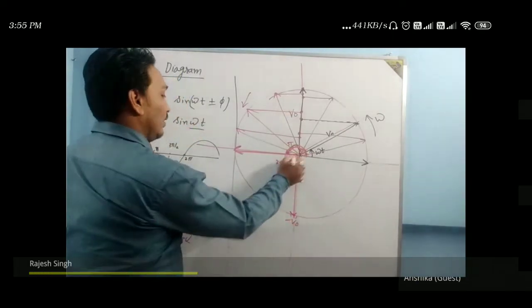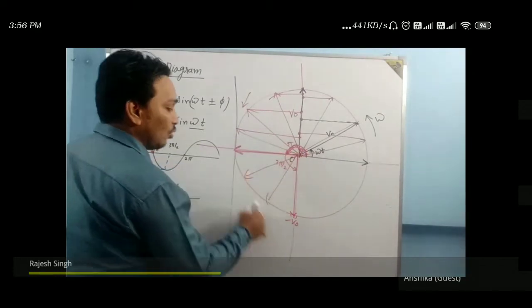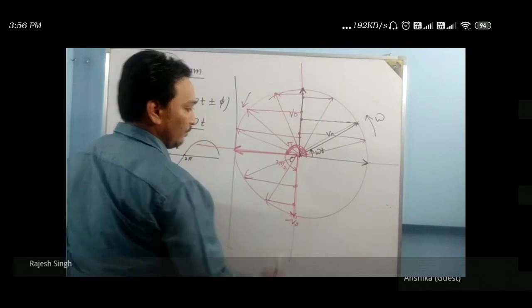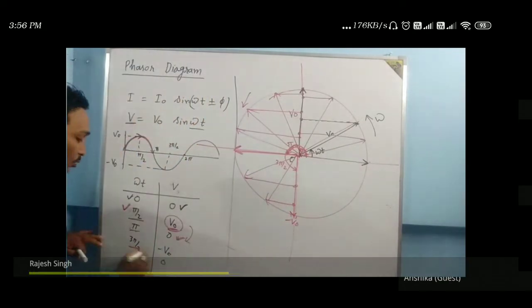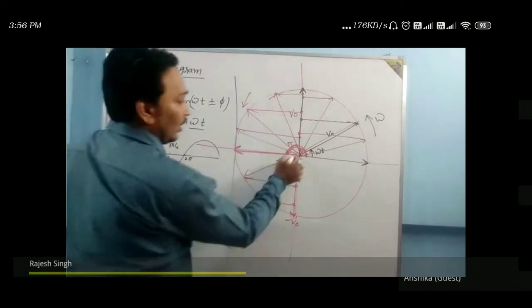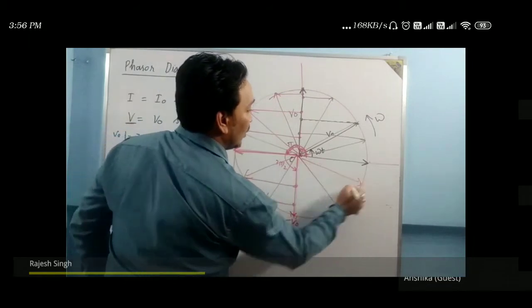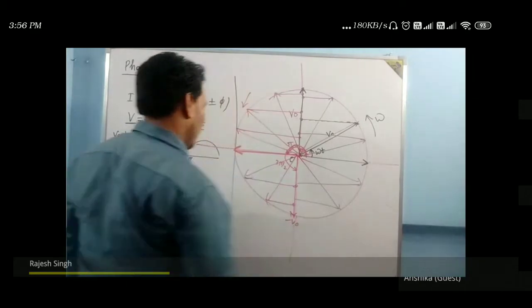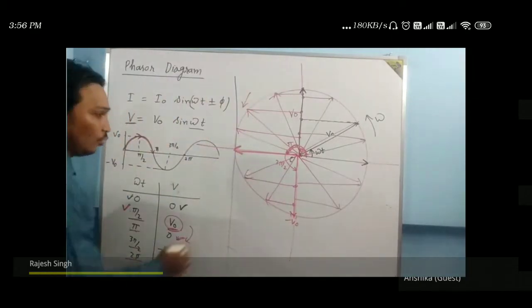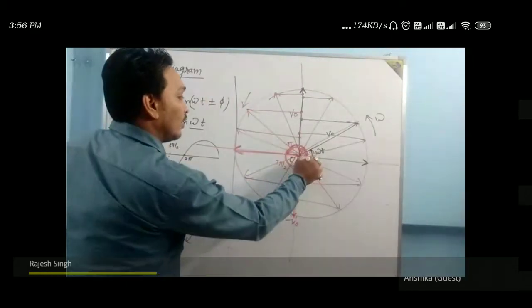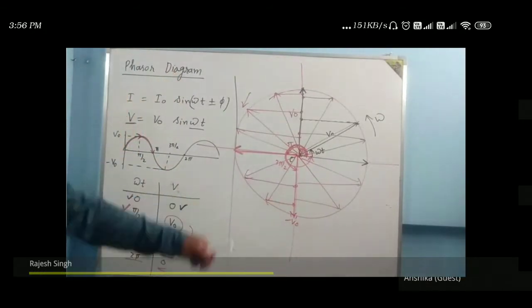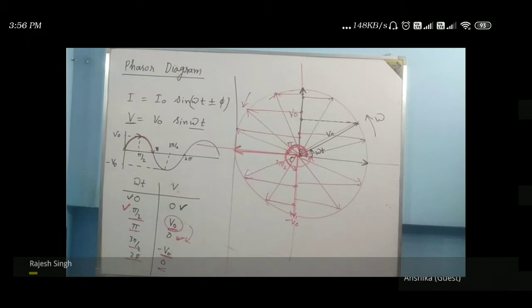In this situation, as the arrow goes from here to here, at 3 pi by 2 it becomes minus V naught, and again as the arrow goes from here to here, the value of V goes to 0. So 2 pi is when it completes one circle. Then again the value of V becomes 0. So this arrow justifies the relation.